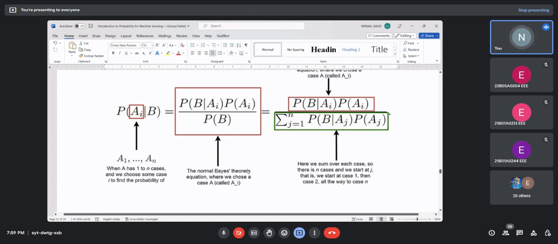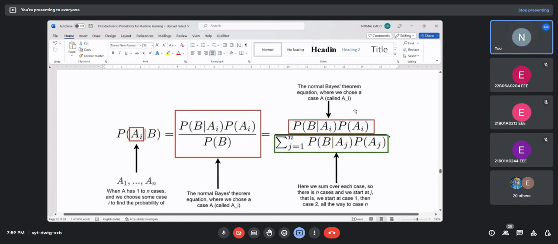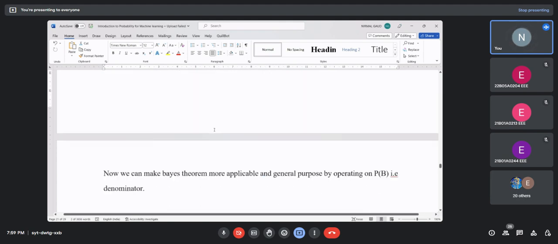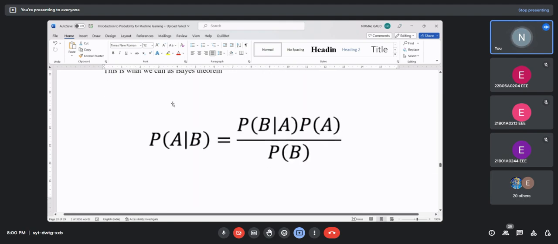This is the normal Bayes theorem, P(A_i) upon P(B). I can further distribute my formula by performing the summation j equal to 1 to n of P(B|A_j) P(A_j). So please don't get confused. Just remember one thing: what the Bayes theorem actually means.